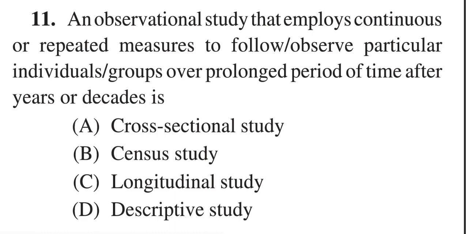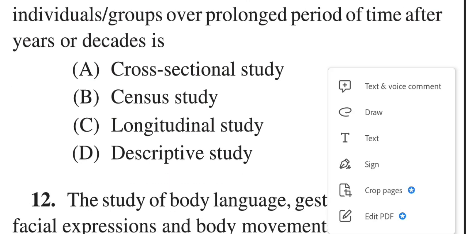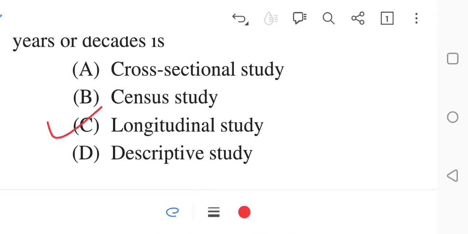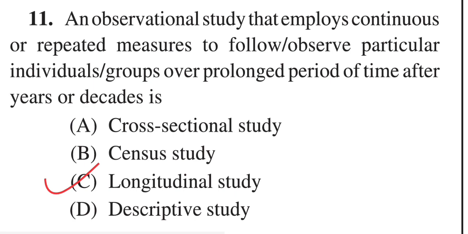Number 11, correct answer will be C, that is longitudinal study. It is related to what the question is asking: an observational study that employs continuous or repeated measures to follow or observe particular individuals or groups over a prolonged period of time, after years or decades.